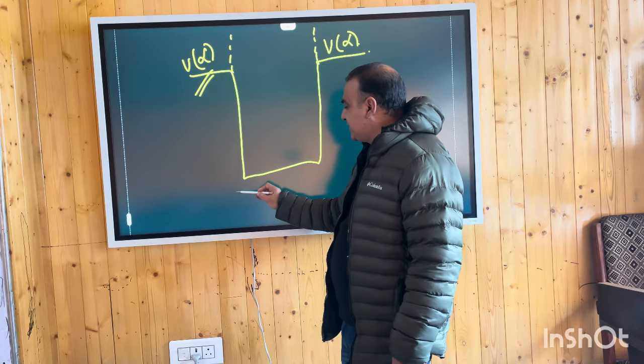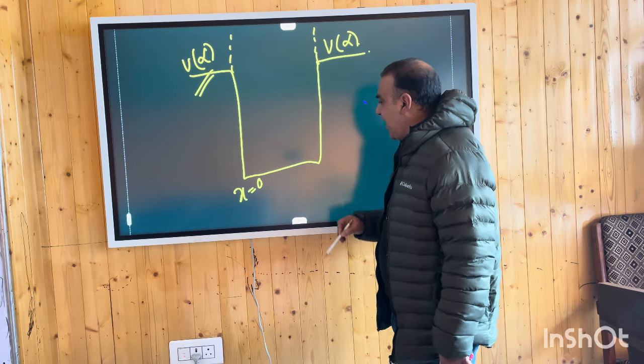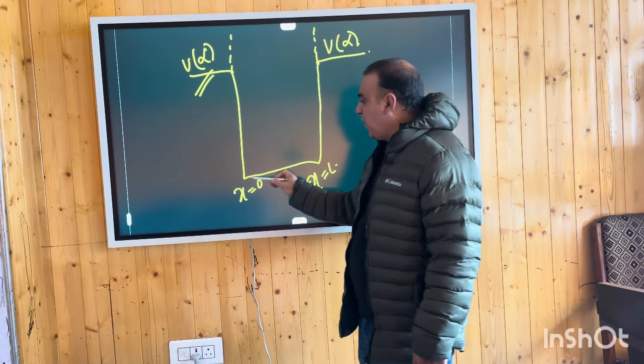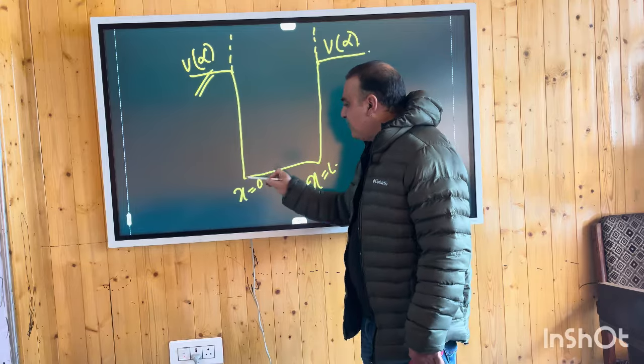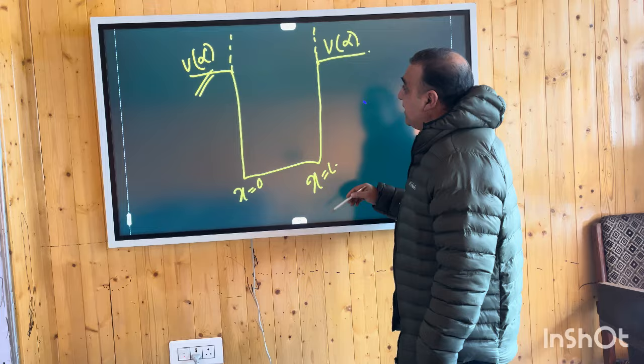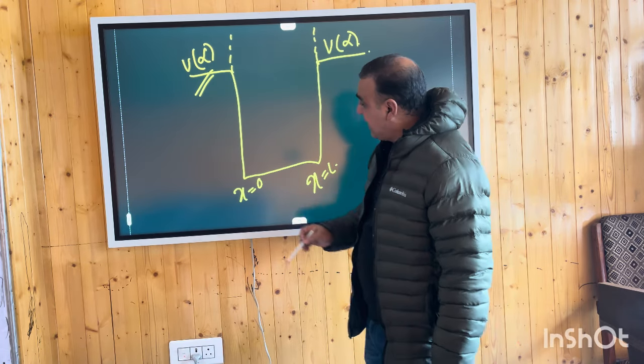We should realize that we have a boundary condition here, moving from x equal to 0 to x equal to L. The particle can only move from x equal to 0 to L. Everything else is impossible for this particle.